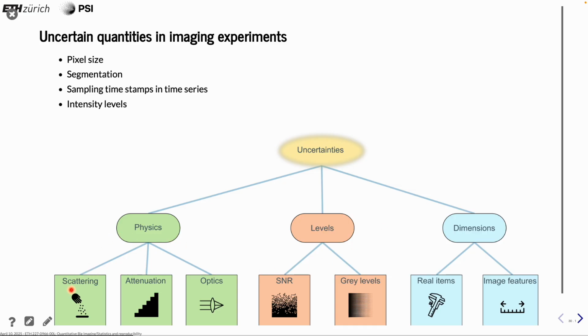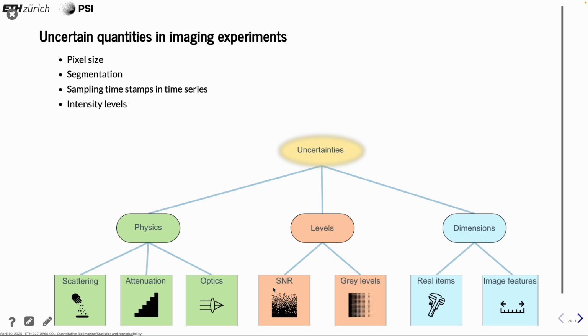For the physics, one thing is scattering, one physical effect that comes in. We also have the attenuation coefficients, and we have the effect of the optics. Then for the levels, we of course have the signal to noise ratio from the detector system, and also from the samples themselves. And we also have the gray levels.